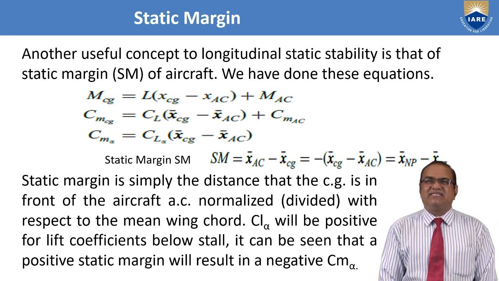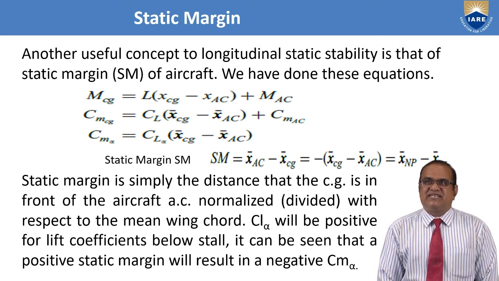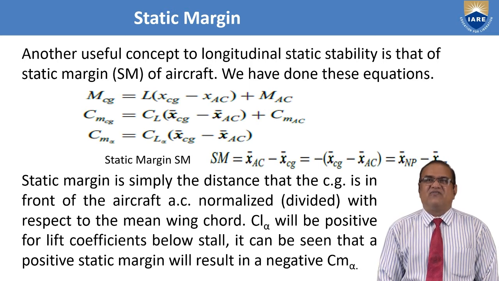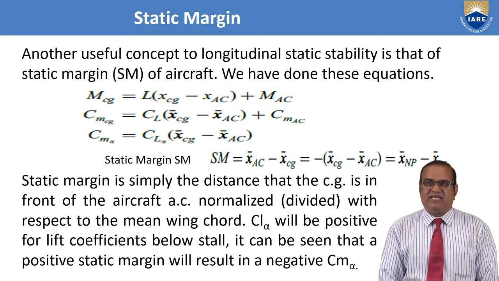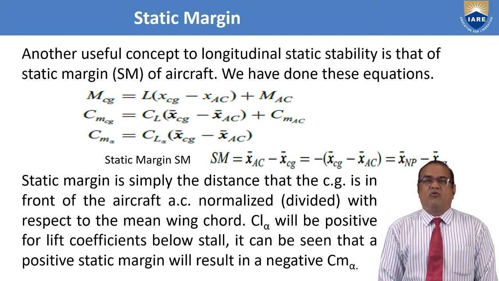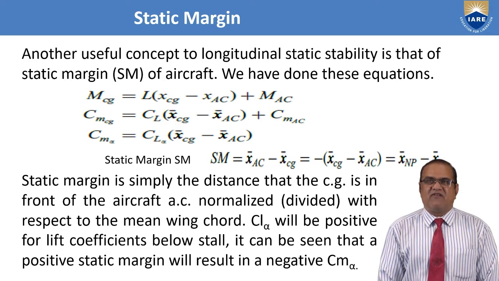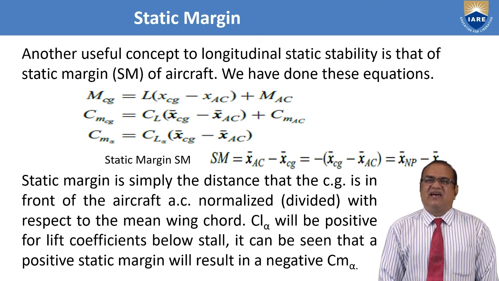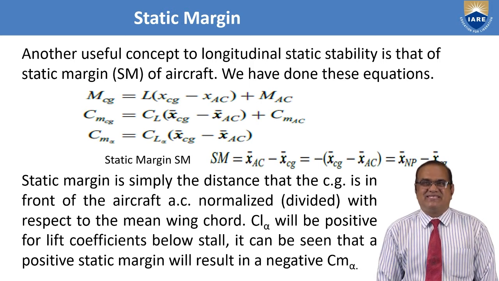Another useful concept in longitudinal static stability is the static margin of an aircraft. We have done this equation previously: Mcg, the moment with respect to the center of gravity of the aircraft, is equal to L, where L is the lift, times (xcg minus xac), plus Mac.